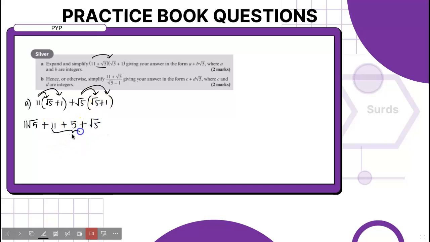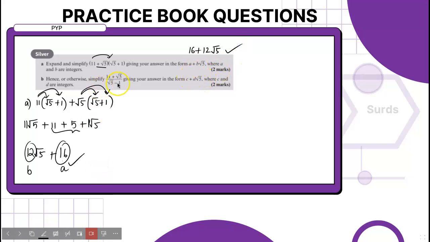These two can simplify together and these two together as well. 11 root 5 plus 1 root 5 gives 12 root 5, and 11 plus 5 is 16. They want it in the form A plus B root 5, so you can write 16 plus 12 root 5. This is your final answer.